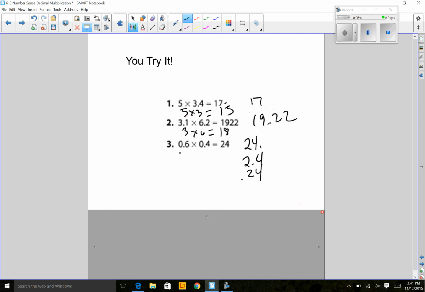Would it be two? That doesn't make sense to me either. Less than one group of less than one group makes the most sense to be 24 hundredths. That is a little introduction to how we can use reasonable thought and number sense to place a decimal into a product. Thank you for listening.